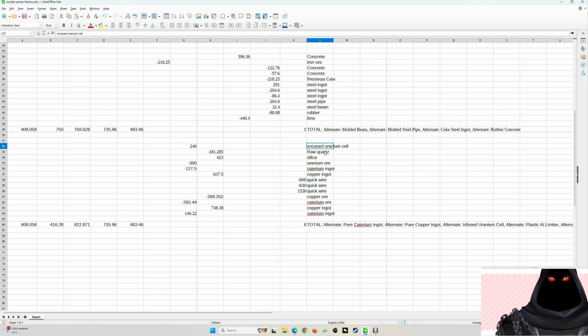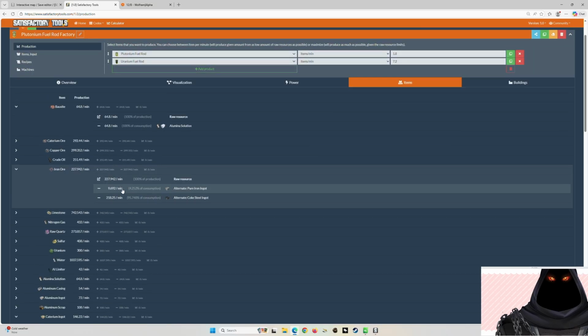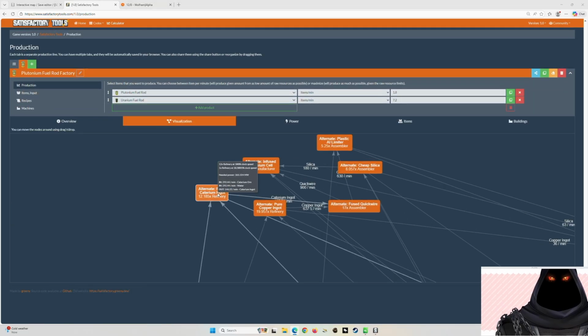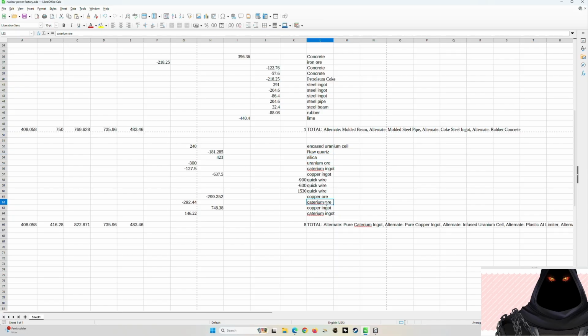Alright, so I think that's everything. In case uranium cell, rock crystal. Actually, let's just. We have Caterium ore. We have Caterium ingot. Yeah, this is kind of hard to read.